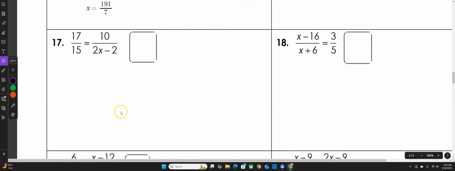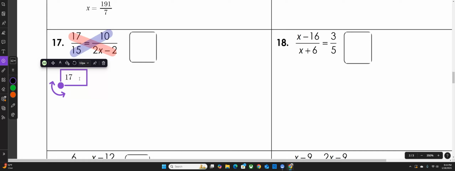Number 17. All right, so what we're going to do is, again, top of the left by the bottom of the right, and bottom of the left by the top of the right. So that leaves us with 17 times 2x minus 2 is equal to 10 times 15.